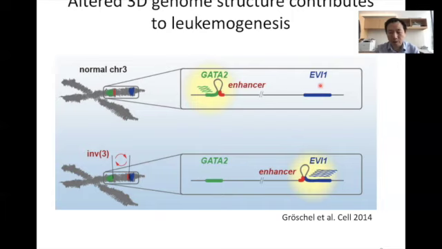But in a main category of AML leukemia patients, there's an inversion 3. This big chunk is inverted, but no DNA sequence mutation happened in the enhancer. But because an inversion happened, this enhancer is now shuffled pretty close to EVI1 and forms chromatin looping events with EVI1 and drives up expression of this oncogene, contributing to leukemogenesis.